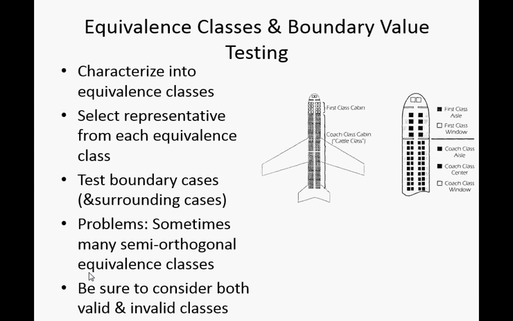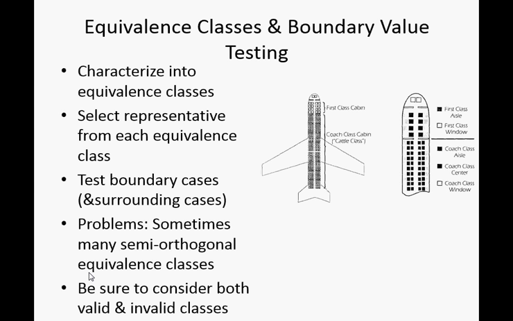An example for this would be you're booking a ticket, and you can buy coach class tickets, or you can buy business or first class tickets, and then the user may further be able to request whether they want an aisle seat, a center seat, or a window seat, or what have you.